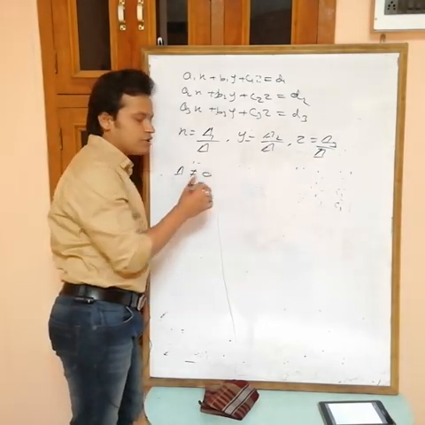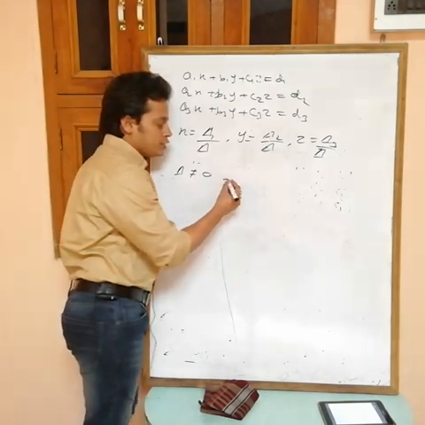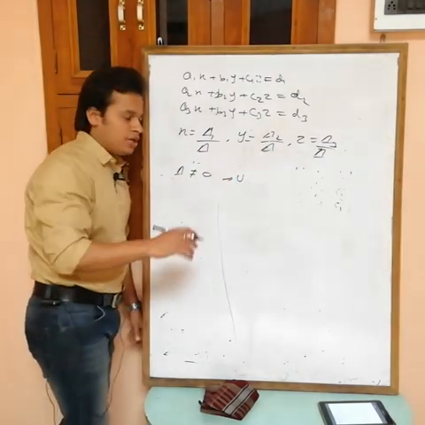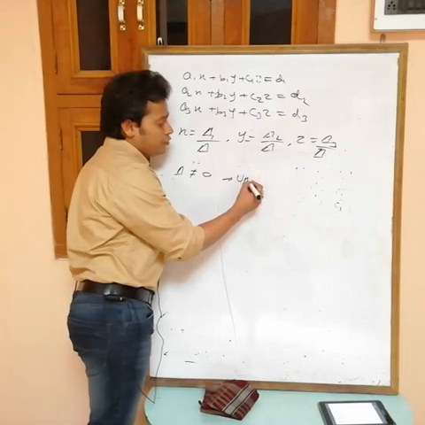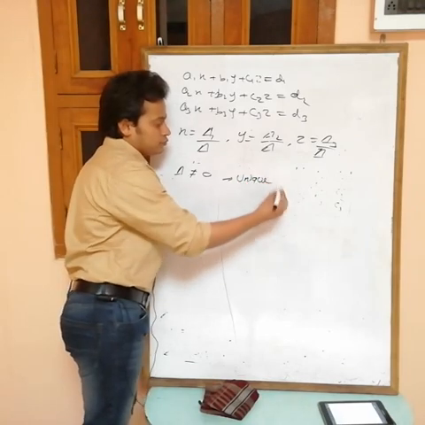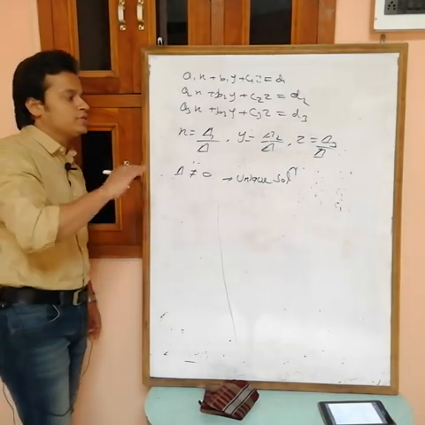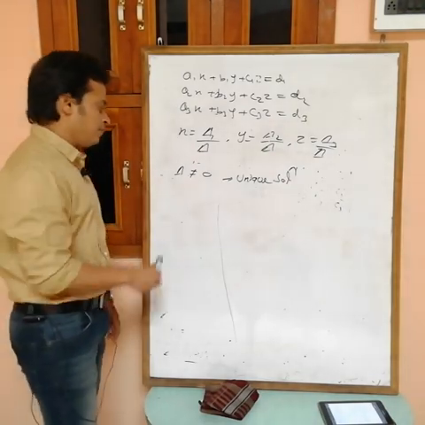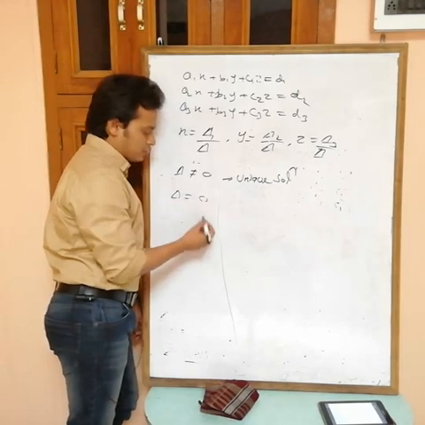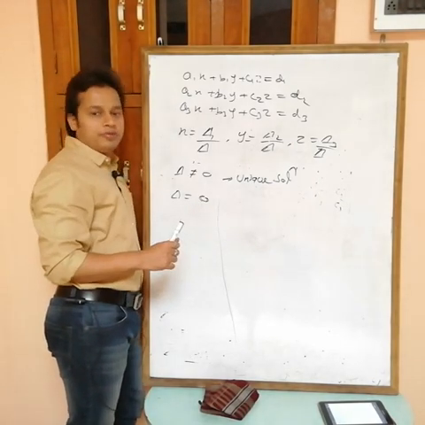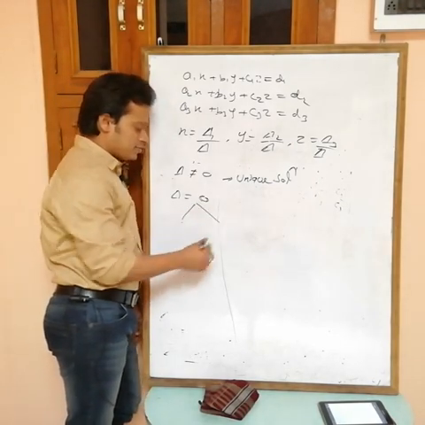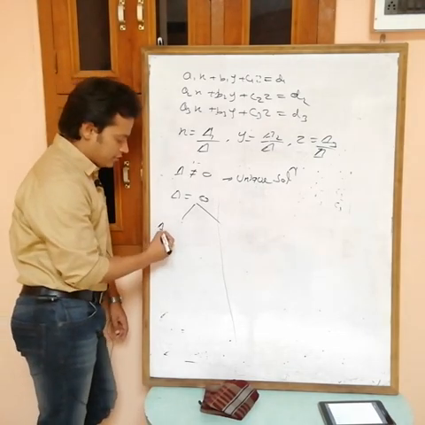If del is not equal to 0, then you always have a unique solution. That was done in the last class. There is no need to check del 1, del 2, del 3. If del equals 0, then find the values of del 1, del 2, del 3.